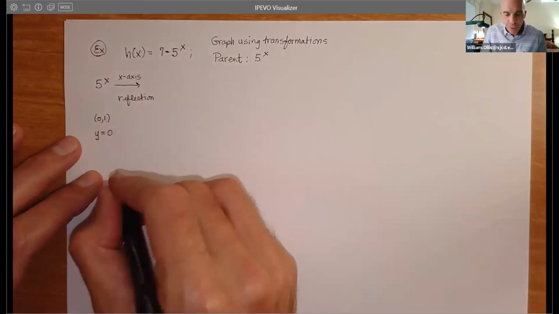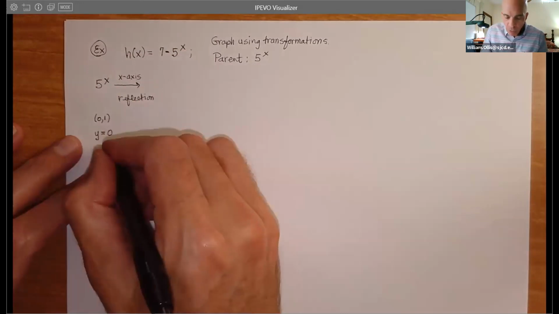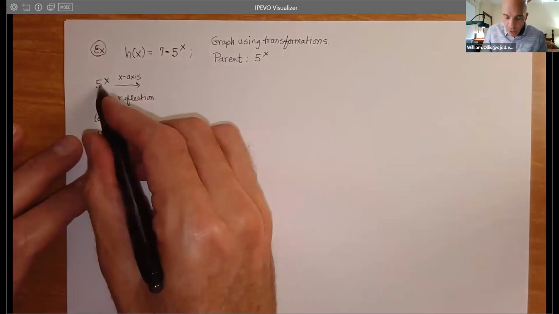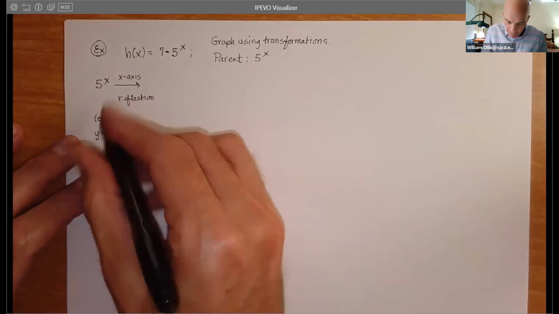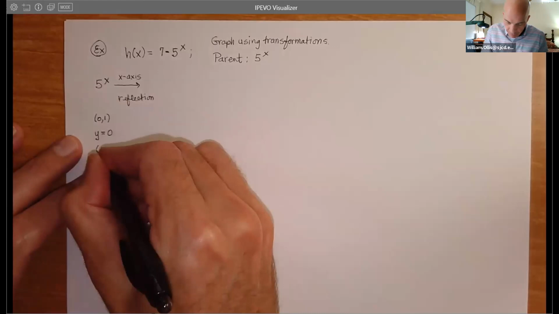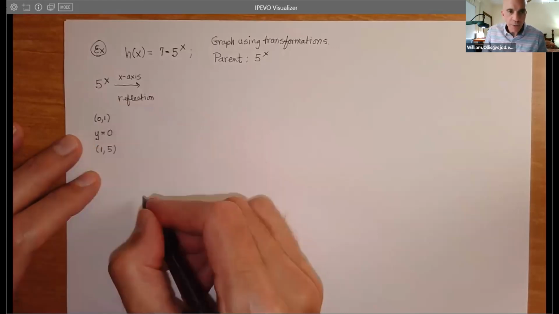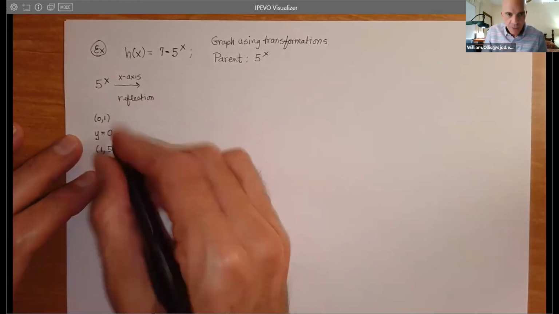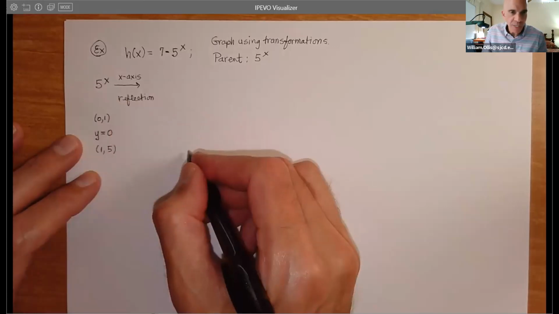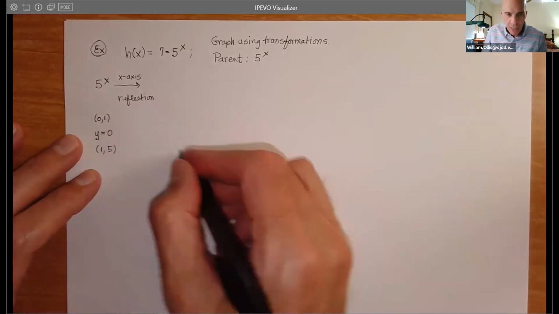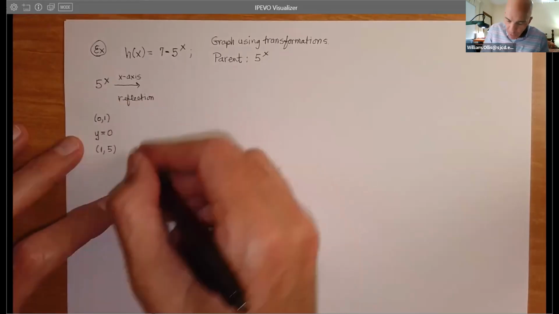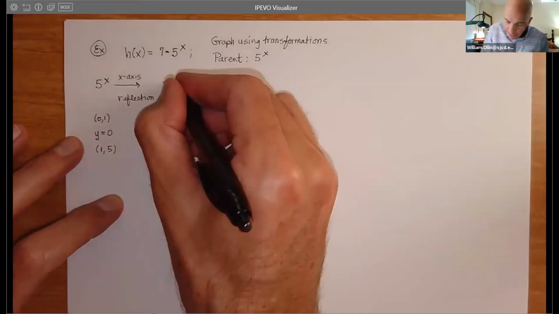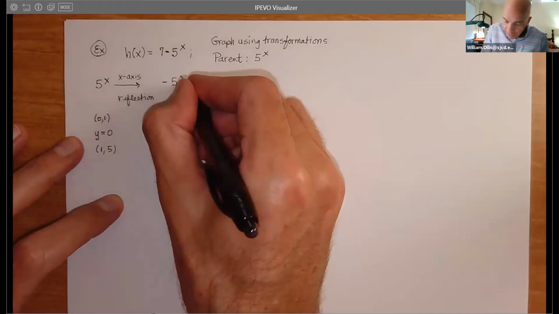Now, of course, we could put in another point if you like. We could do 1, 5, just to throw in another point if you want. We don't really need it, but that's an extra point on the curve, which is easy, and we don't have to worry about any approximations. So this is going to give us negative 5 to the x.